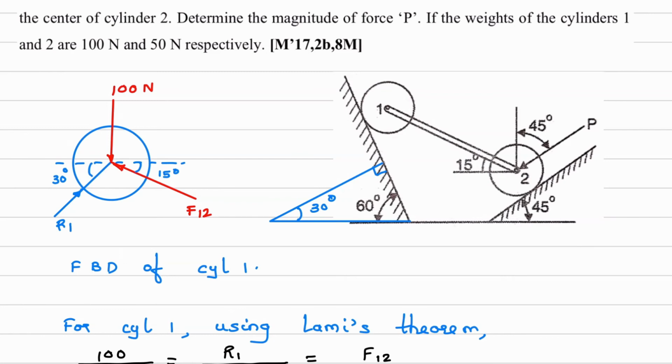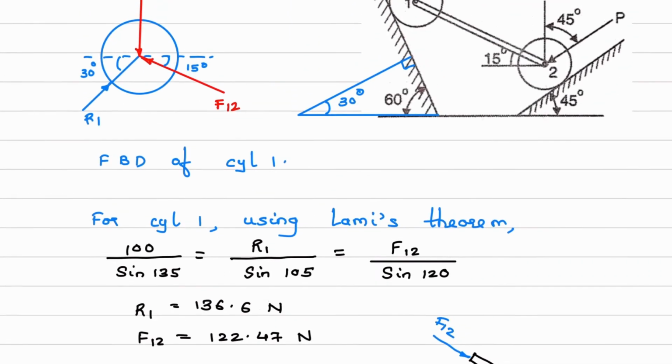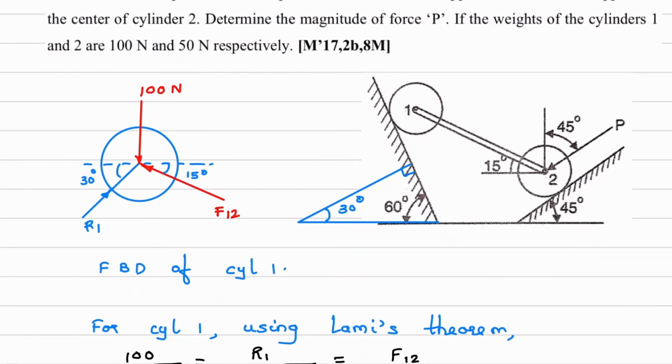Okay, so I'll draw the FBD now. So this is cylinder C2. Okay, here we have force P which is applied. What is the angle of force P given with respect to vertical? If you see the question, the angle of force P with respect to vertical is 45 degrees.